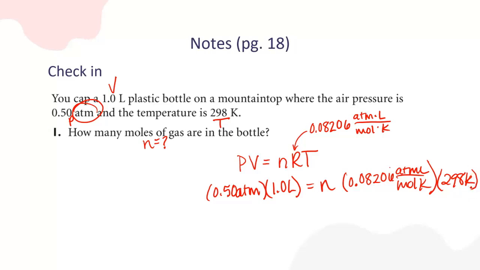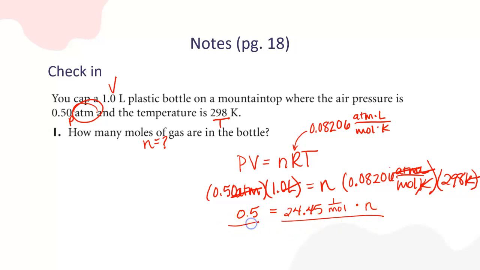Okay, so then using our calculator, we're going to simplify this, and we end up seeing that atmospheres cancel, liters cancel, and Kelvin cancels, with moles being in our answer. So simplifying, we see that the left side is 0.5 is equal to, and then 0.08206 times 298 is 24.45 and some change, 1 over mole, because the mole's in the denominator, times N.